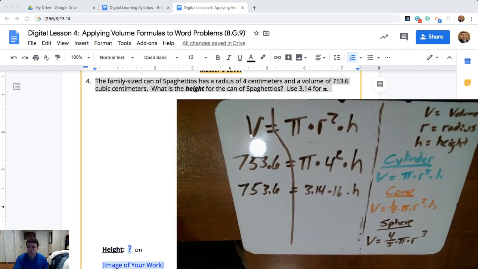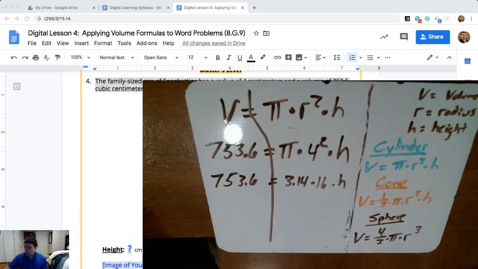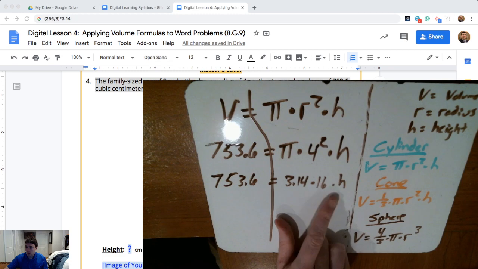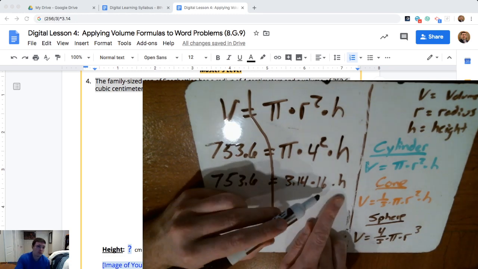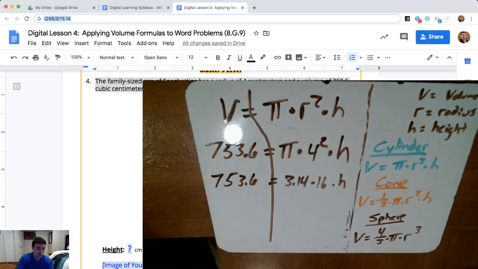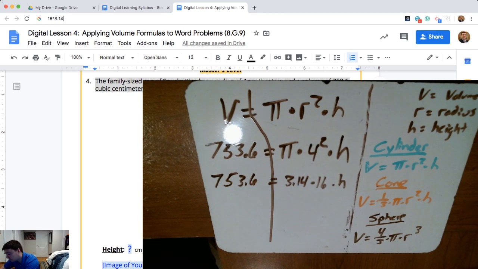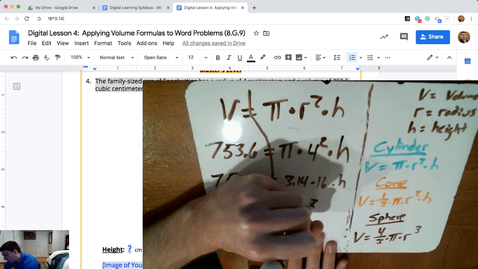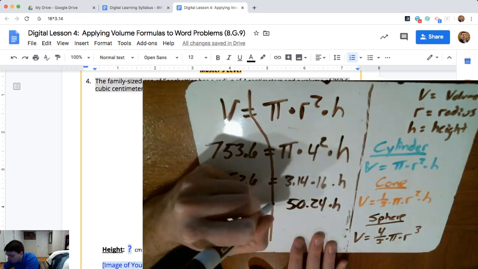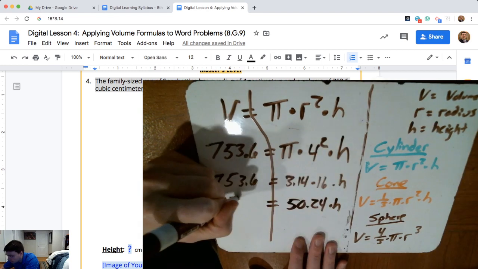Let's make that a little bit larger. So if h is over here, and I want to solve for h, I'm going to multiply 16 with 3.14 first. I think that's the easiest step to take, just not the only way to do this. That's going to give me 50.24, which still gets multiplied by the height and would have produced a volume of 753.6.